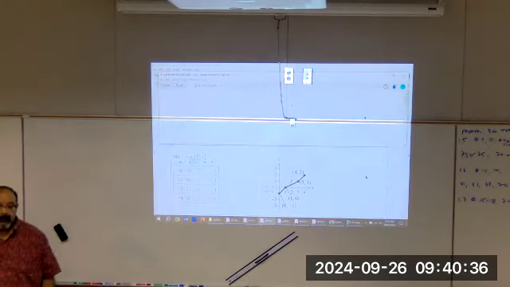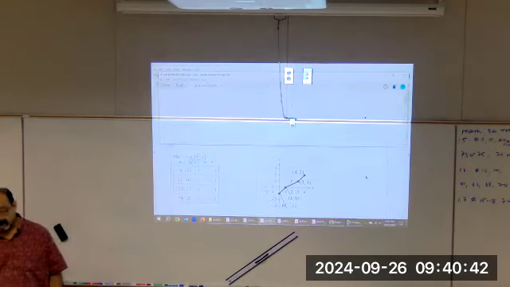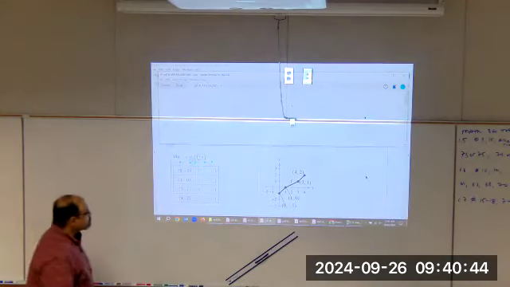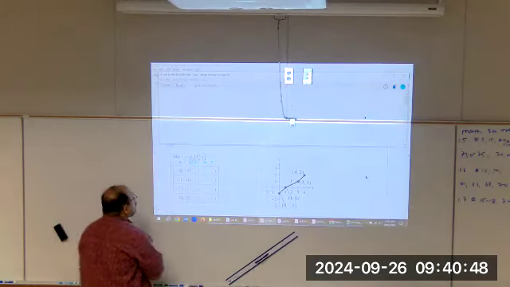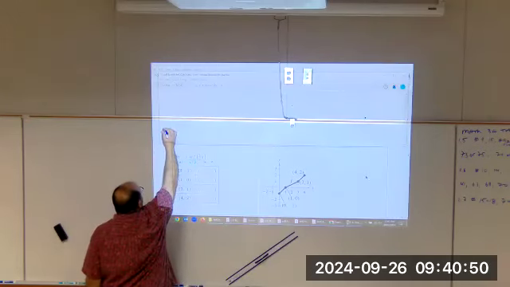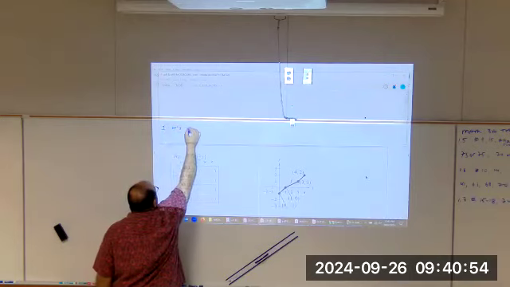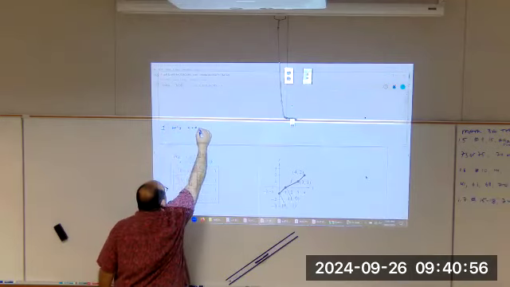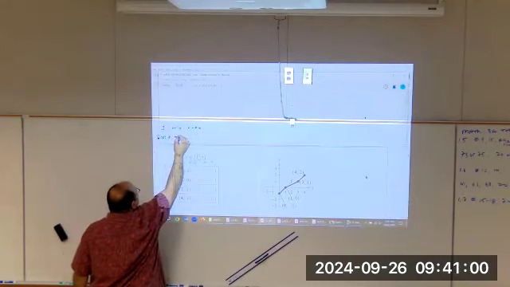Now, here's where I really wish they wouldn't just start with 0. I only know f of 0 equals -1.